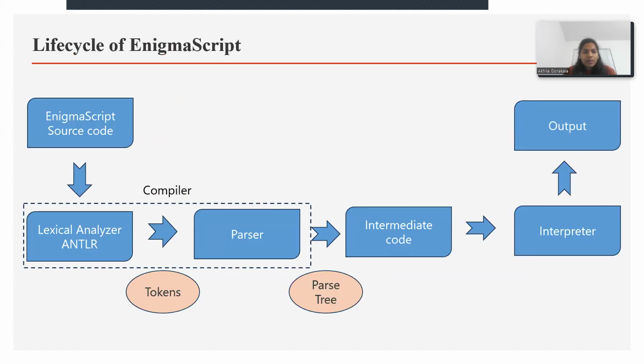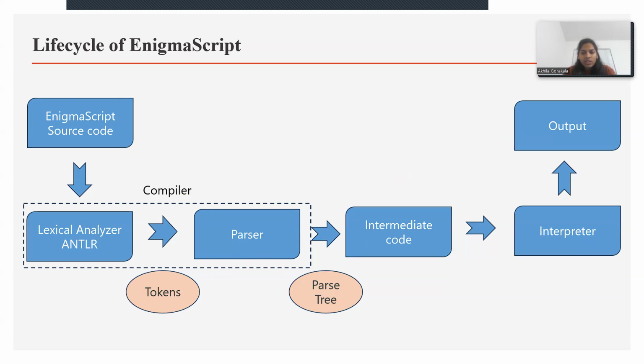The next slide is about the life cycle of EnigmaScript. We start with the source code, which is meticulously broken down by ANTLR's lexical analyzer into tokens. These tokens are like the building blocks of the language, capturing the essence of the code. Next, the parser takes these tokens to construct a parse tree, organizing them into a structure that represents our code's logic.